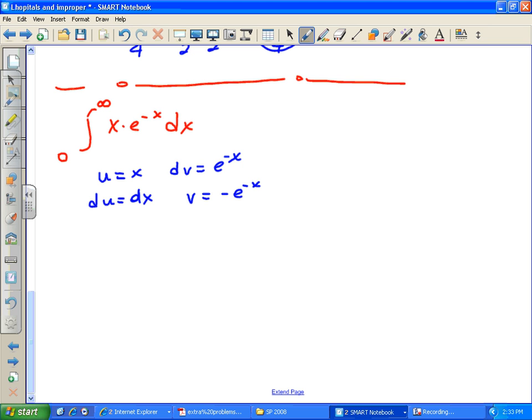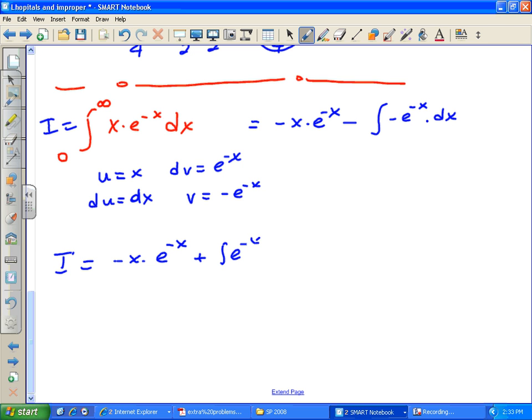Based on the integration by parts formula, I need u times v minus integral of v du. Call that I. Moving down here, I equals negative x times e to the negative x. And I have a plus the integral of e to the negative x dx.